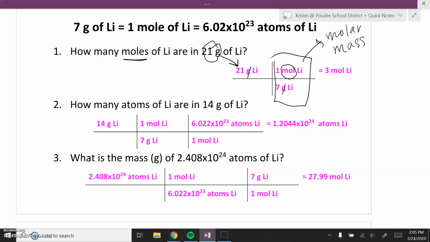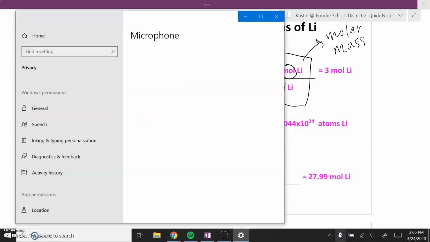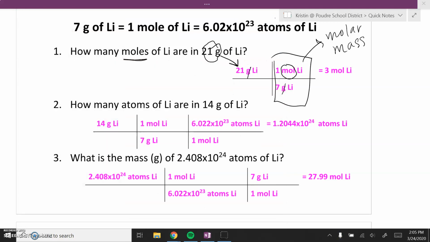Next question is saying how many atoms of lithium are in 14 grams of lithium? So starting point is 14 grams of lithium. And so we're going to plug that in at the beginning of our factor label line. And it's ultimately asking me to get atoms.